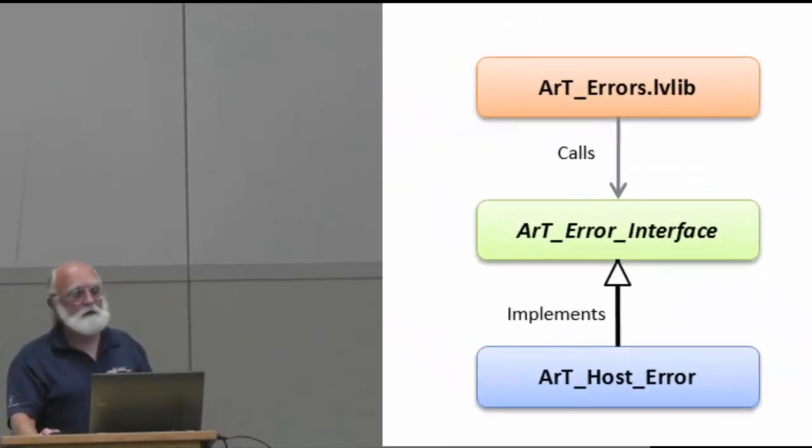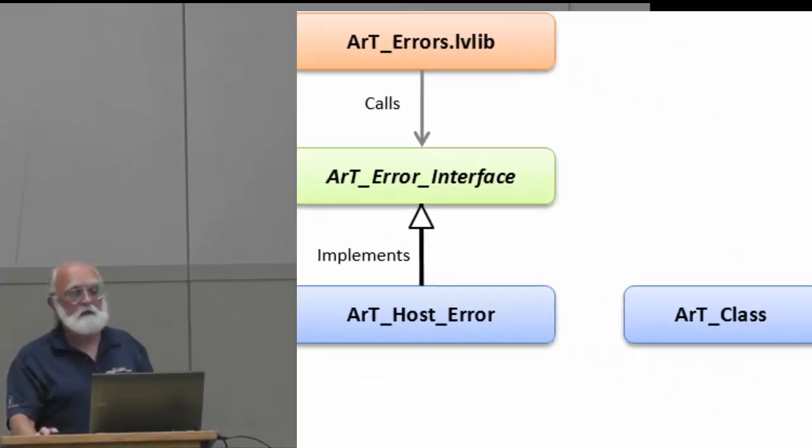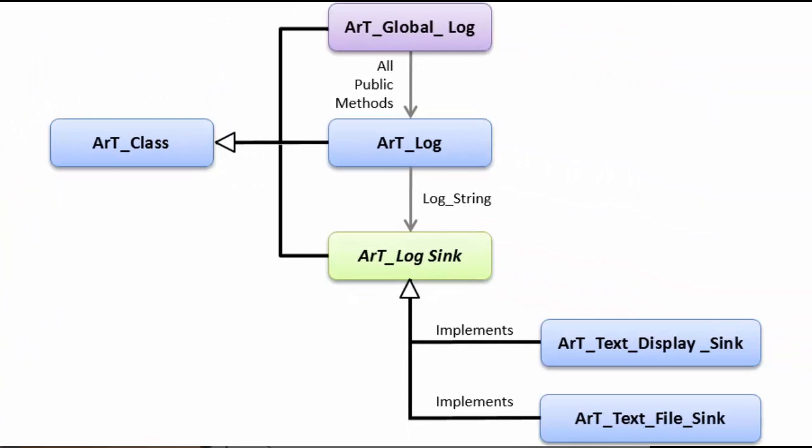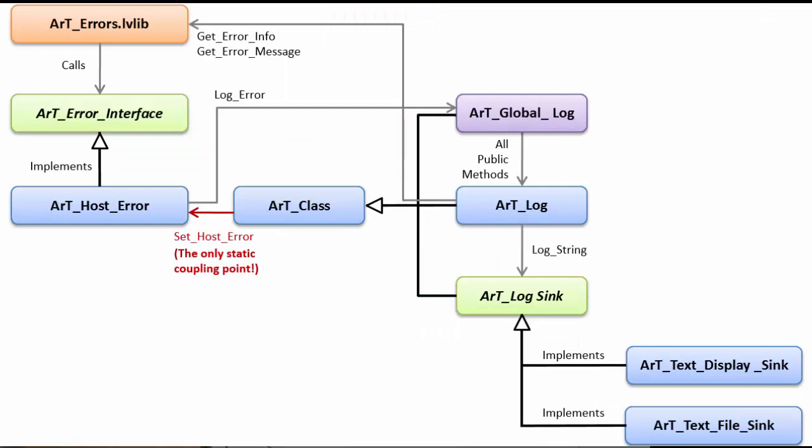So this is your error classes, the wrapper, the abstract, the error interface, and my implementation. And this is the log design. It inherits from an R class, which is a base class for my stuff. And they seem not connected to each other, but they are. And they actually need to call each other to perform their activities.